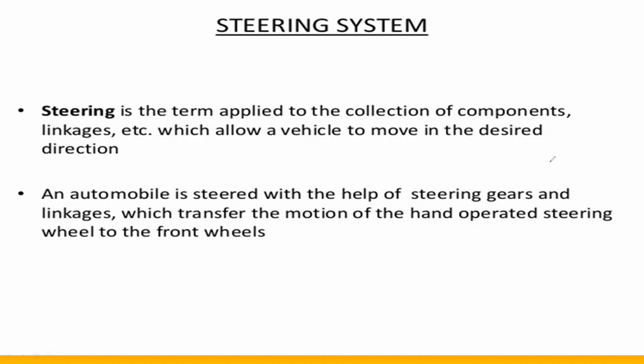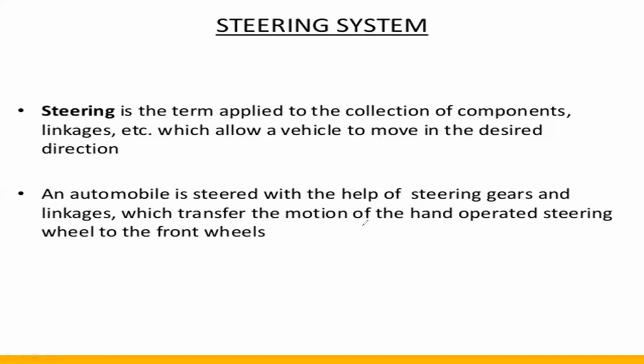That is the main important thing in the automobile vehicle. That motion should be converted, and we use different types of mechanisms, linkages and gears. By using those linkages and gears, the rotary motion is converted into sliding motion of the wheels, which transfers the motion of the hand operated steering wheel to the front wheels.